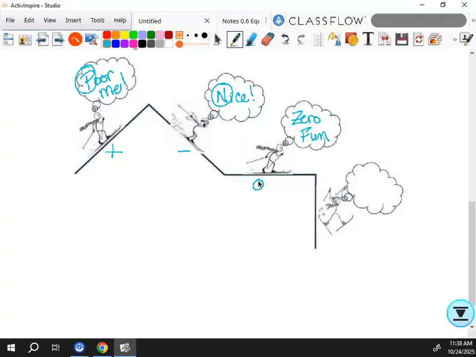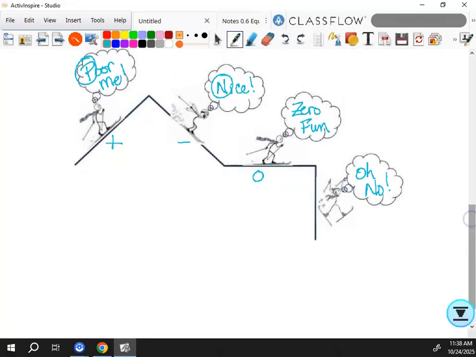Okay. Now, if he keeps going and then he falls off the cliff, there's a lot of things we could say, but what he's going to say is, oh no. And don't worry, no stick figures were harmed in the making of this activity. And this is because this is no slope, which means it is undefined.